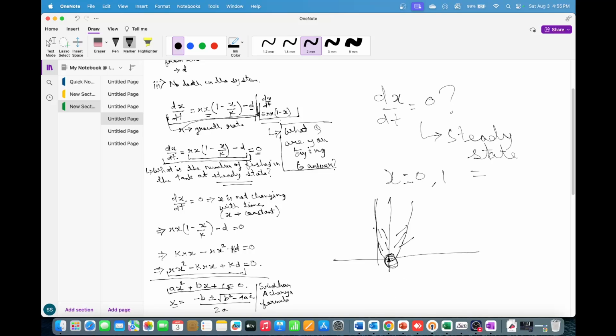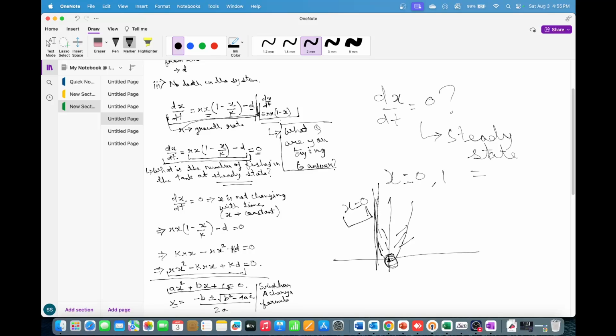But you have another steady state, which is x equal to 0, your y axis. You will see that this curve will not touch x equal to 0, it will be asymptotic like this. So what it means is, at x equal to 0 your system will never converge. It will be very close to x equal to 0, but it will never converge to it.